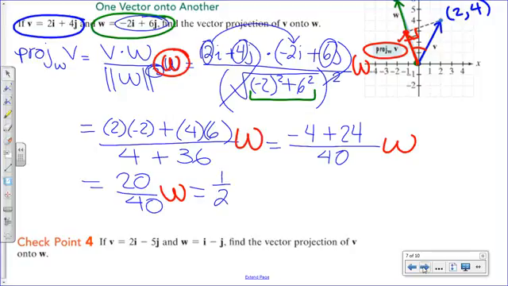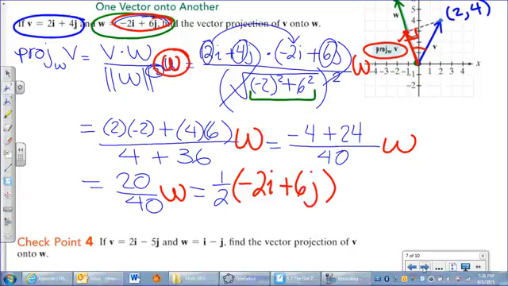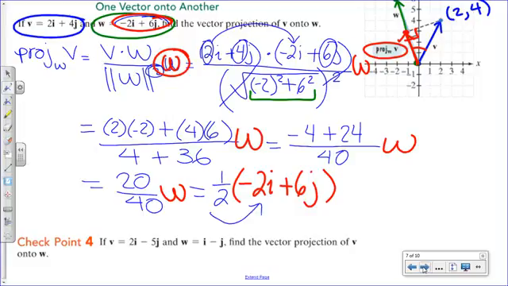And now, vector W, what I'm going to do is take the whole vector. So that will be negative 2i plus 6j. And now I'm going to go ahead and multiply by that number that we found, which is 1/2. So 1/2 times negative 2 is equal to negative 1. Just write it down.